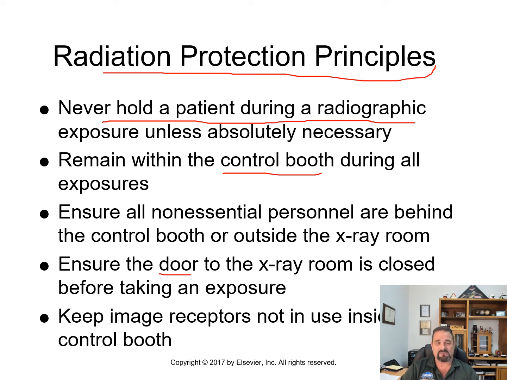And keep the image receptors, the IR cassettes that are not in use, inside the control booth. You don't want them to get exposed to scattered radiation, because they'll pick it up and therefore perhaps skew the images that you may be taking in the future on those cassettes. So remember, those cassettes need to be behind the control booth wall.